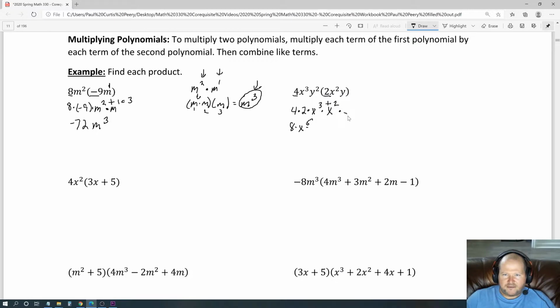And then finally, we have y to the second times y, which is understood or implied to have a 1 there, right? And since you have the same base, y squared times y to the first, you end up with a total of 3 y's. These are multiplication symbols, by the way, just to make sure that's clear. You don't actually have to put them. You would just put 8x to the fifth, y to the third, right?